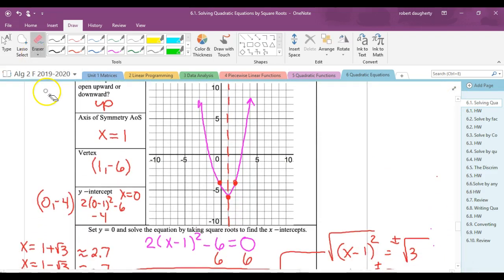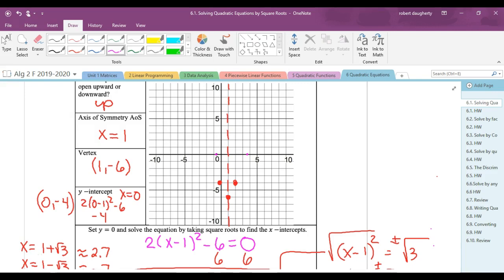So it tells me that if I wanted to be a little bit more accurate in my graph, I could come back here and say, so at 2.7, so 1, 2, somewhere about right here, and negative 0.7 is about, oops, what is it?